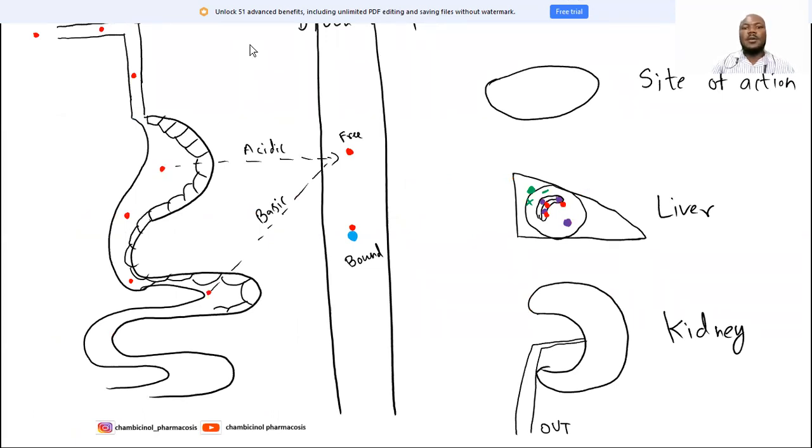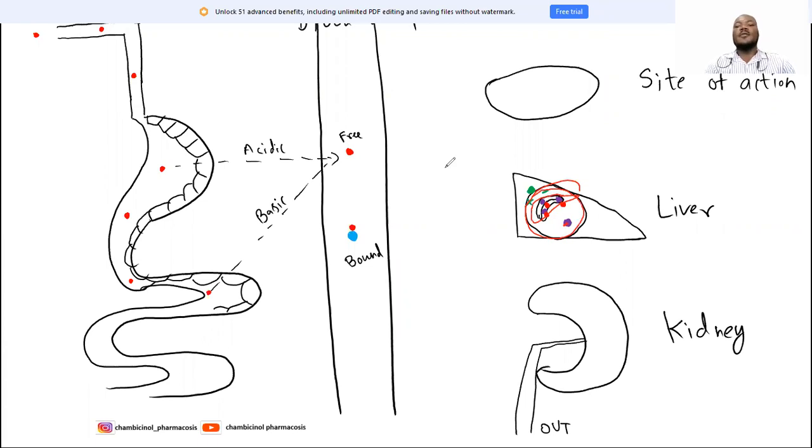This diagram shows the process of metabolism taking place in the liver. It indicates the nucleus in the hepatocyte, while the round shapes indicate the hepatocytes, and inside them is the endoplasmic reticulum. The red dot indicates the drug that has to be metabolized, and the purple color is the microsomal enzymes.